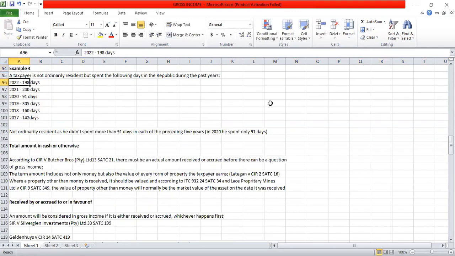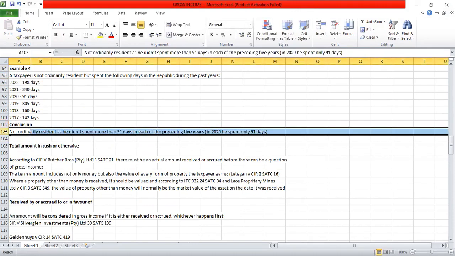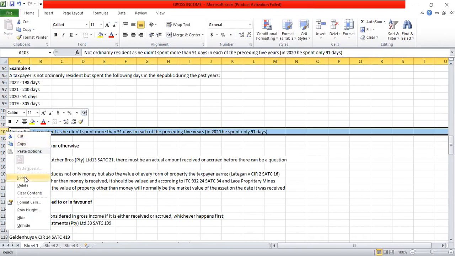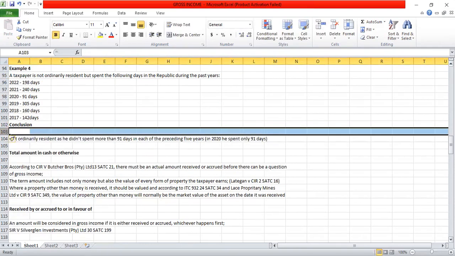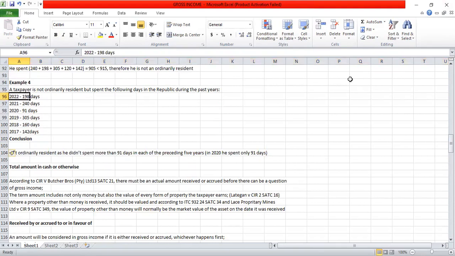So we can say the first one. If you can check, in 2022, he spent more than 91 days during the year of assessment.